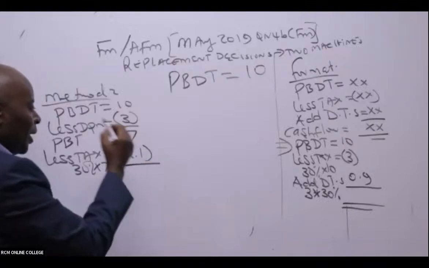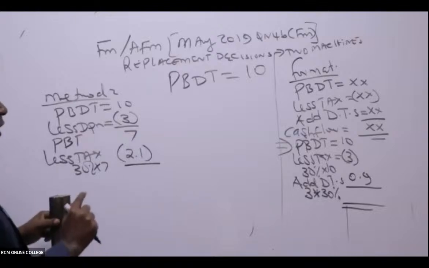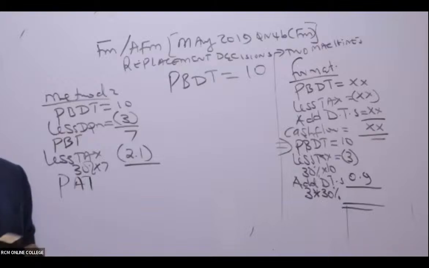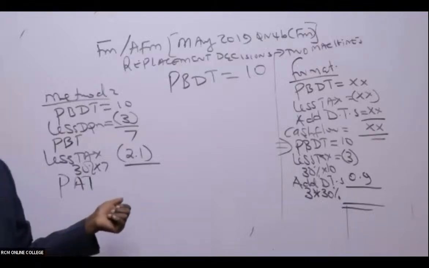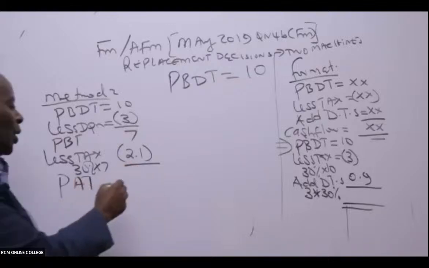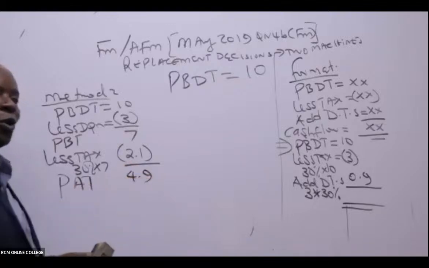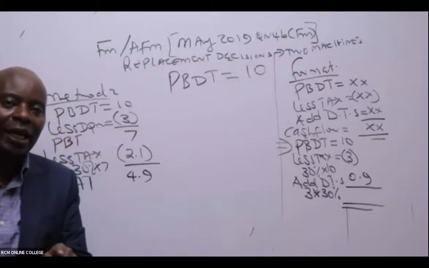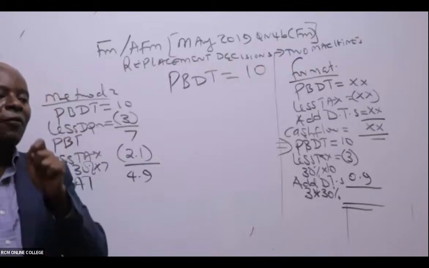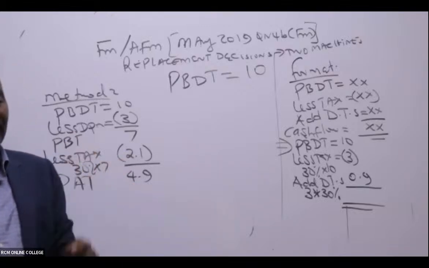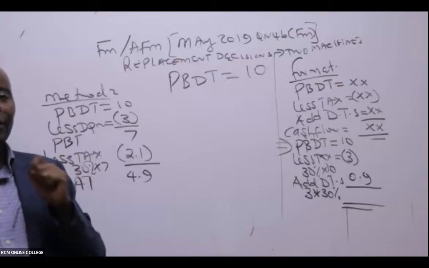So these ninjas are able to give me the profit after tax. So 7 minus 2.1, what are we getting? We are getting 4.9. If you're using this approach, after you get profit after tax, what should be the next thing for us to get cash flow?